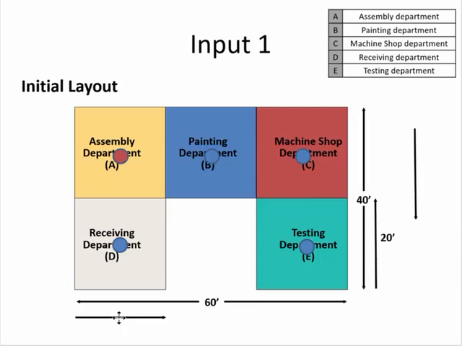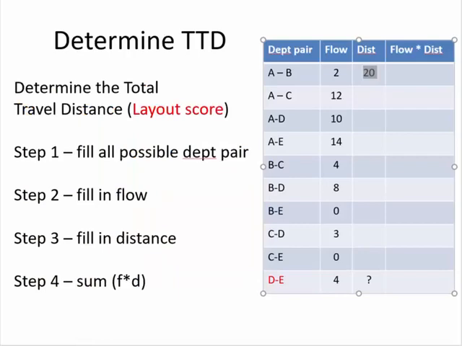Since each department square is the same size, or in unit square, the length and the width is actually 20 feet times 20 feet. If that's the case, the rectilinear distance, center to center, shortest distance between department A and B is 20 feet.